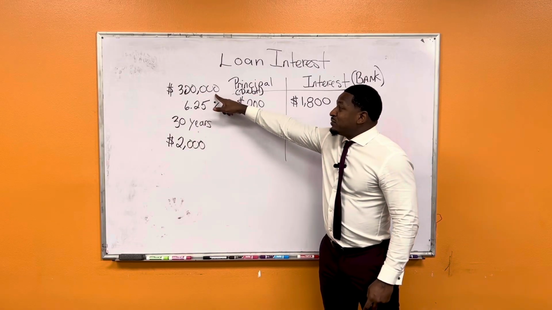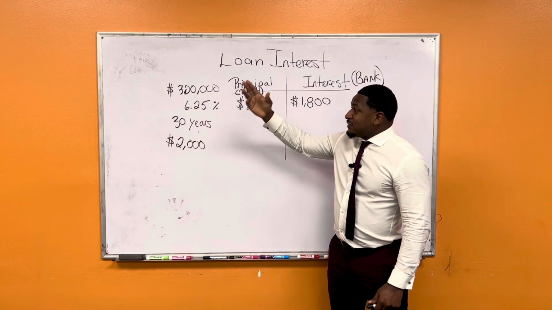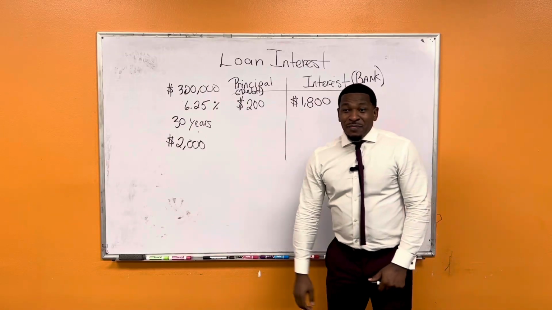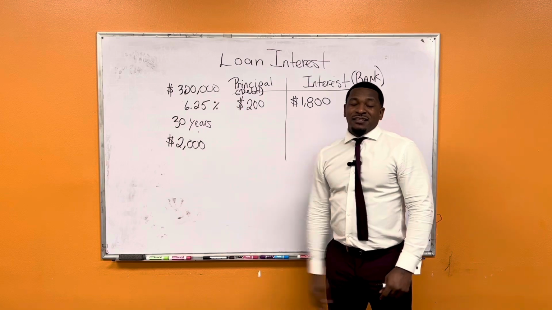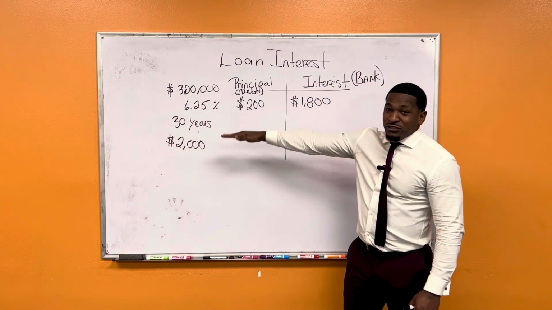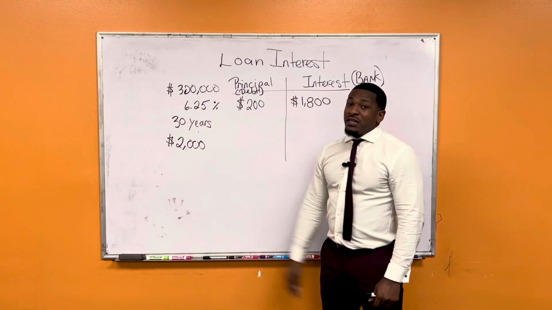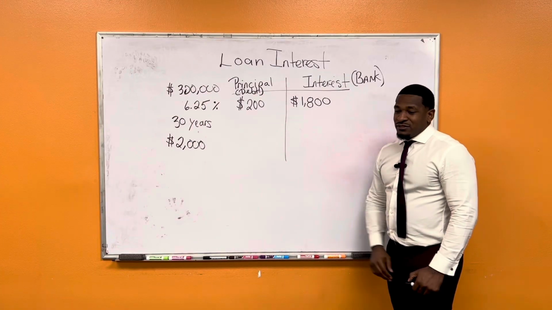This went from $300,000 to $200 less than that. I ain't gotta give the exact numbers, but $200 less than that. And that's how much your debt went down. Only $200 when you gave them $2,000 because they're front loading you with interest.